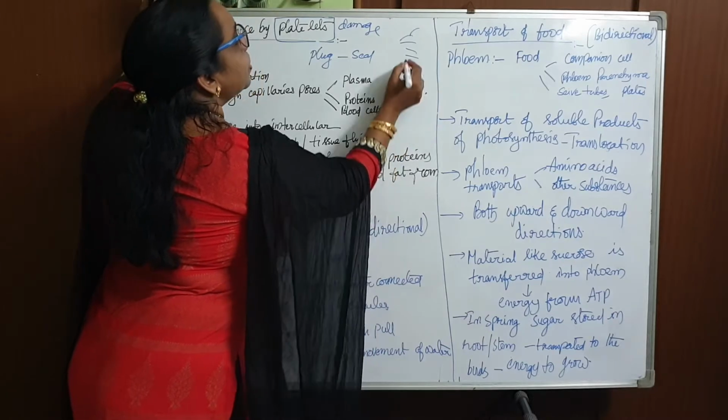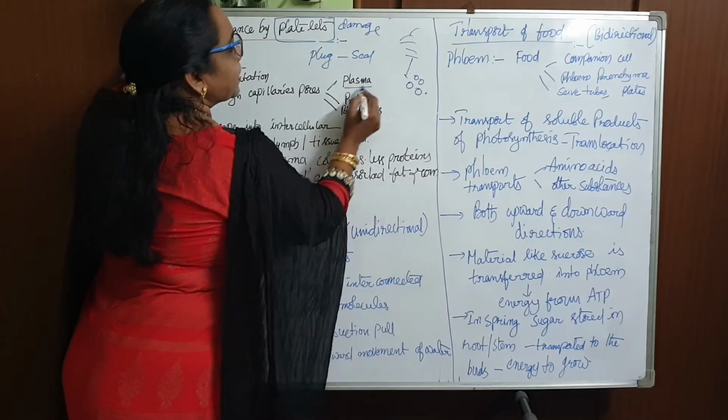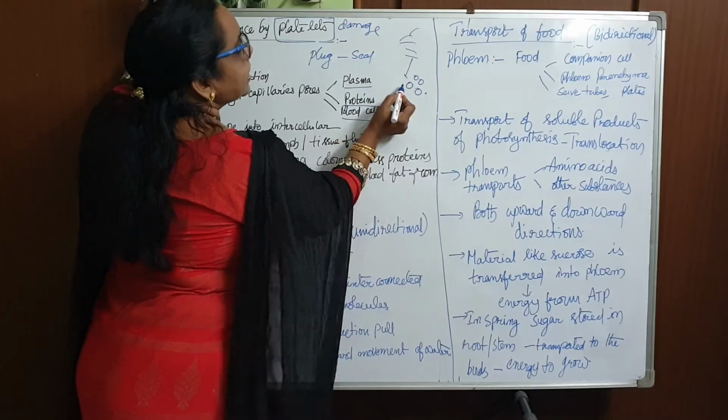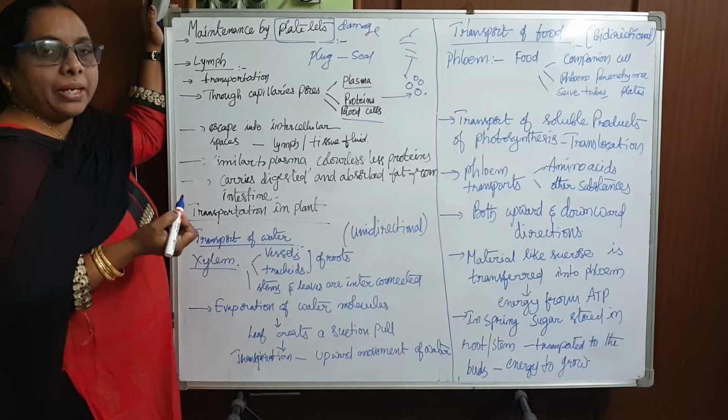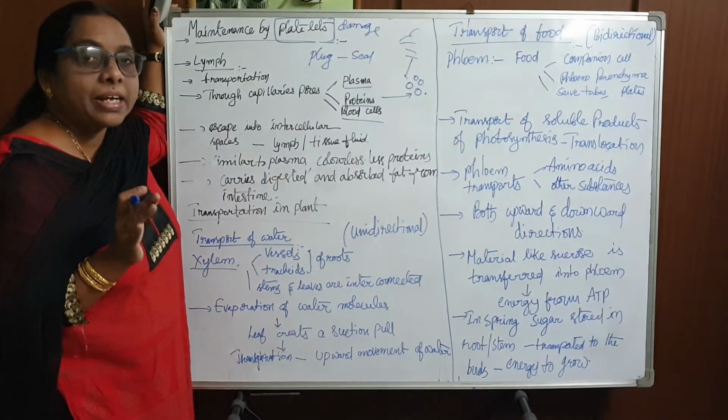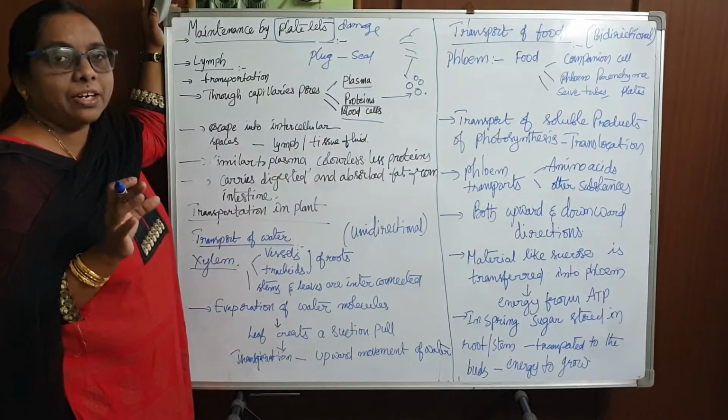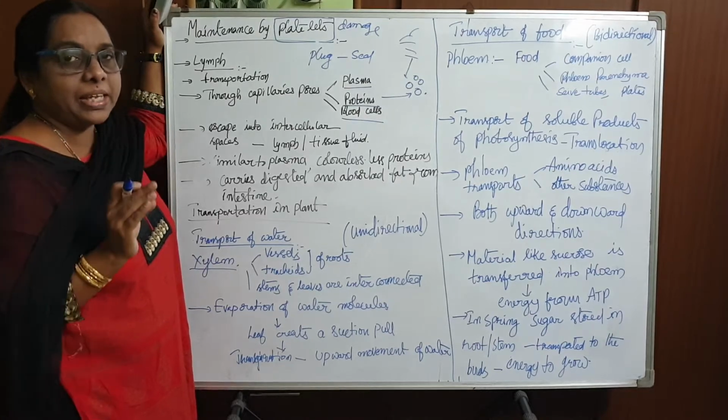So through the capillaries, plasma, proteins and blood cells reach this intercellular fluid. Lymph is nothing but an intercellular fluid, in the sense that it is in between the cells.